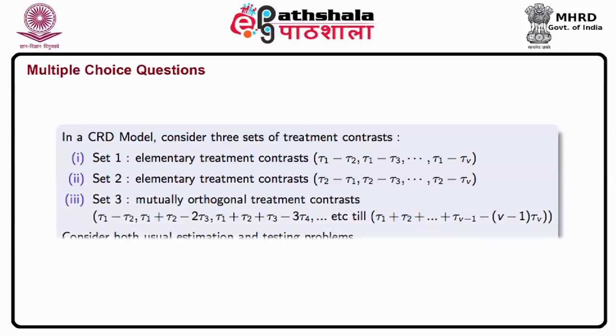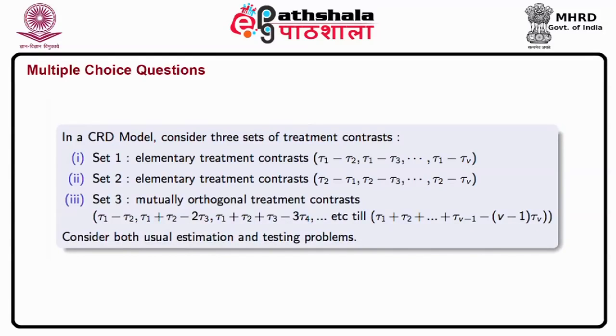And the third set is mutually orthogonal treatment contrasts: tau 1 minus tau 2, tau 1 plus tau 2 minus 2 tau 3, tau 1 plus tau 2 plus tau 3 minus 3 tau 4, and so on till the end. We need to consider both usual estimation and testing problems.